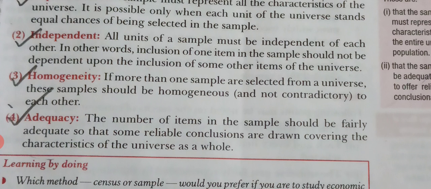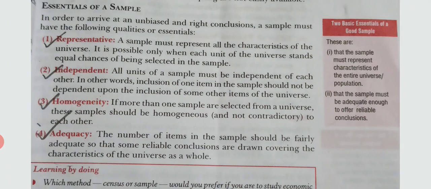If the sample is very small, it cannot represent the diverse groups or characteristics of the universe, and we cannot get adequate information, and conclusions drawn on the basis of that information will not be reliable. So these are the 4 points of essentials of a sample: representative, independent, homogeneity, and adequacy.